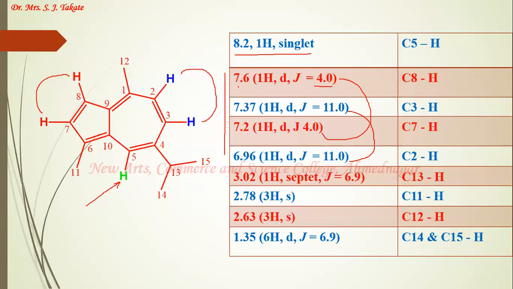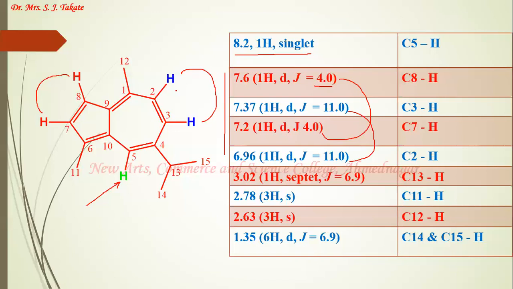So we can now assign the signals to the different protons. 7.6 is the proton present on carbon number 8, while 7.2 will be the proton present on carbon number 7. The other two signals are 7.37 and 6.96.